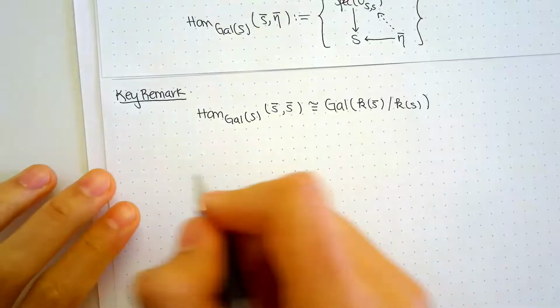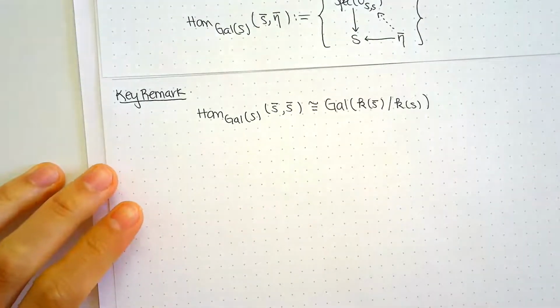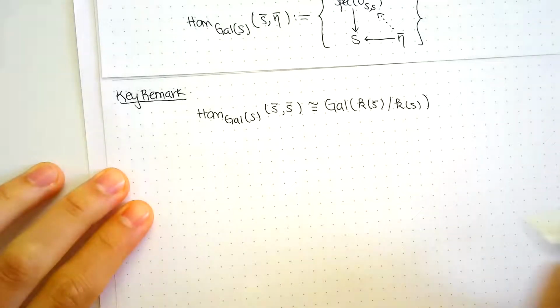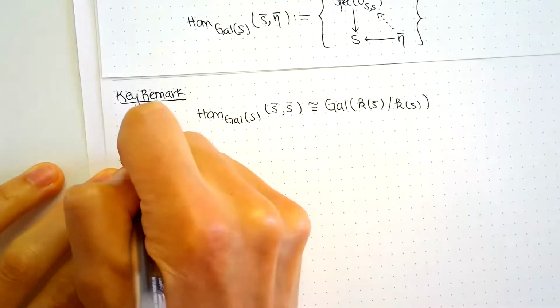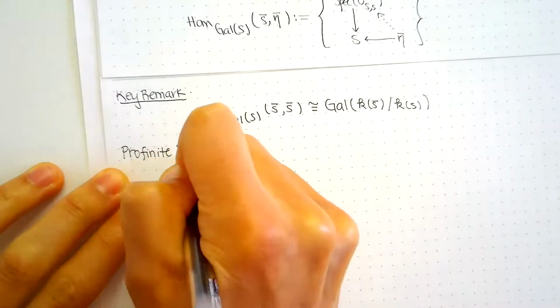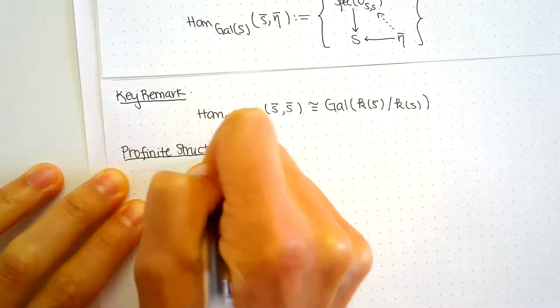So I want to describe how you could endow the Hom sets with a profinite structure and regard them as profinite sets. So where's the profinite structure? Where does this come from?